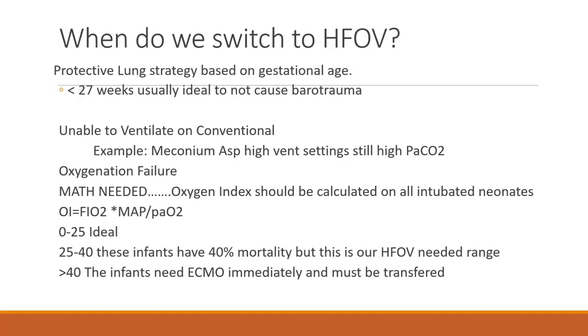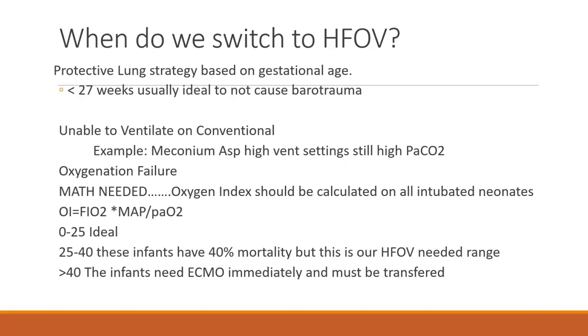So if it's 0 to 25, that's ideal. I'm not saying there's never going to be a case where a patient is intubated and sick with an OI of 20, 25. They may even be on an oscillator, but they may be one of our protective lung strategy oscillators, that we're just keeping them there so that we don't hurt the lungs, and they just need that support right now. Once we're at 25 to 40, those are definitely our customers on the oscillators.